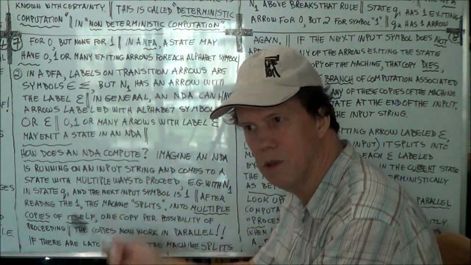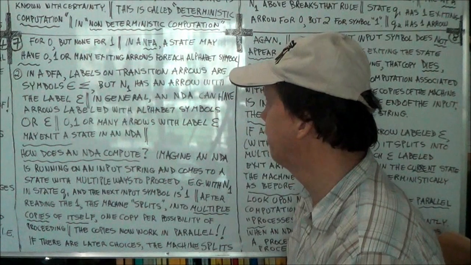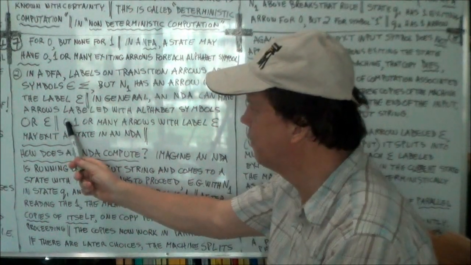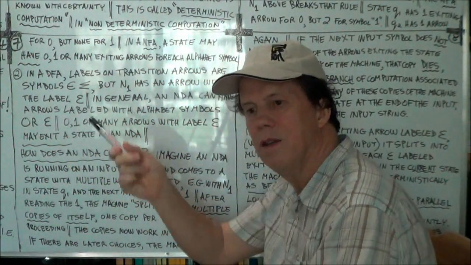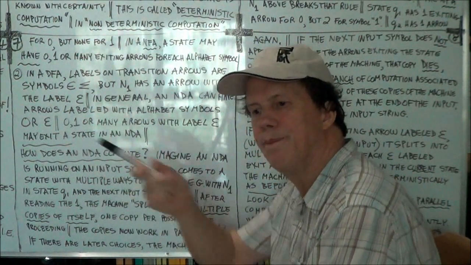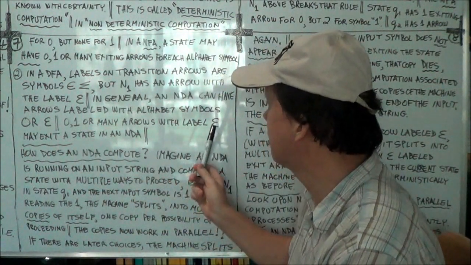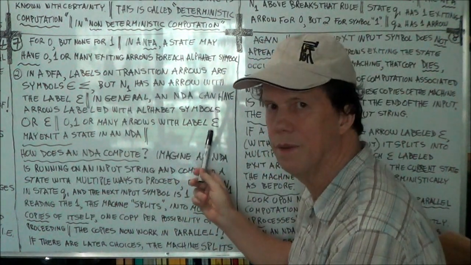Right? So you have more options with an NFA. Okay, and for a given state, you can have 0, 1, or many exit arrows with this label, eta.